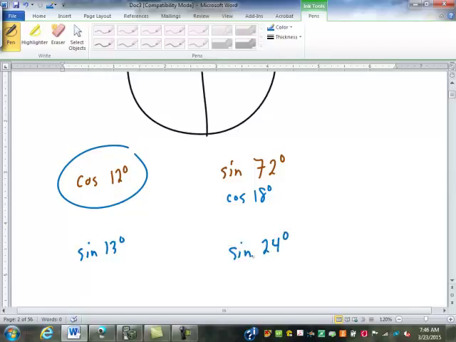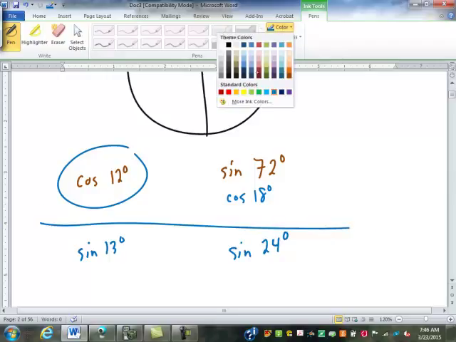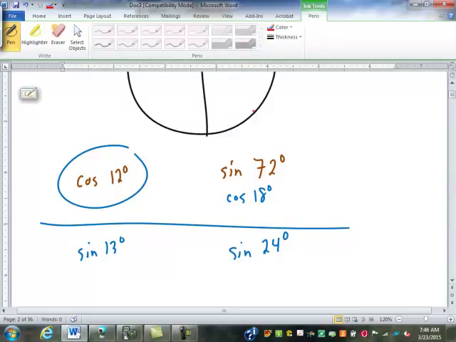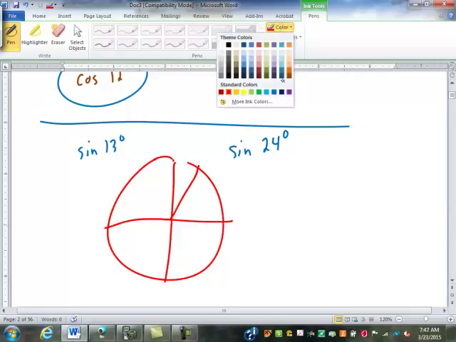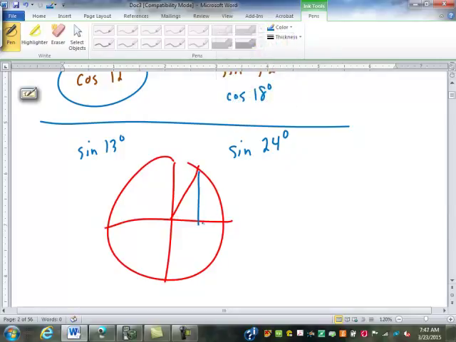Which one of these is going to be bigger? Careful. The cosine gets smaller as the angle gets bigger, but the sine, of course, is this dimension here. As the angle gets bigger, the sine gets larger. At 90 degrees, the sine equals 1.